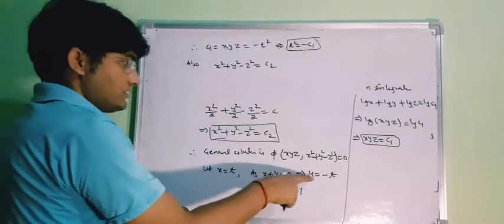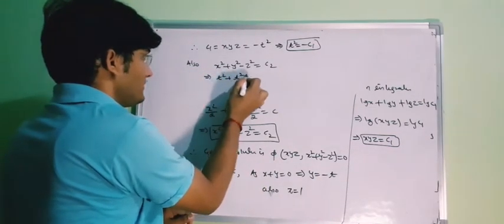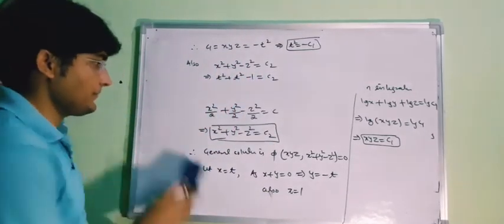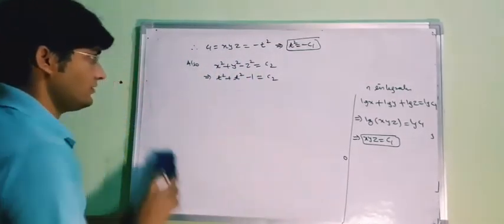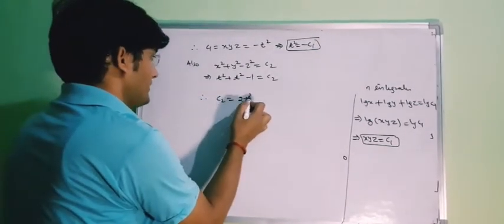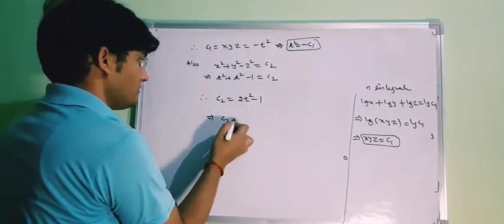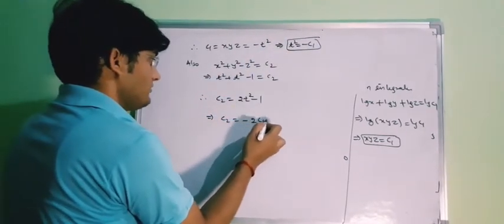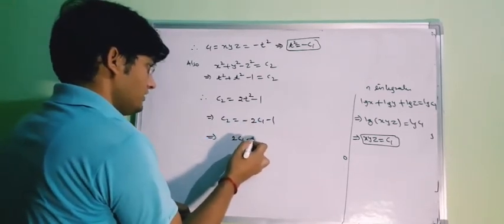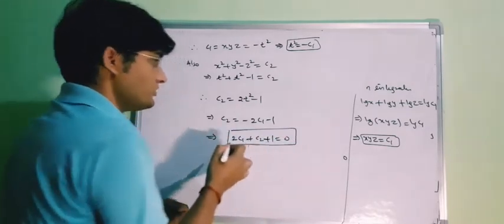So as x is t and y is minus t, this will be t square plus t square, and z is 1. So this is equal to c2. Therefore c2 is equal to 2t square minus 1. Now as t square is minus c1, this will be minus 2c1 minus 1. So you can say that 2c1 plus c2 plus 1 equal to 0. So we have a relationship between c1 and c2.